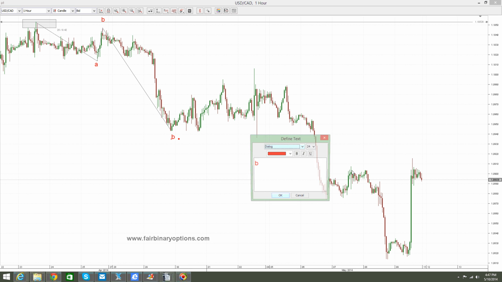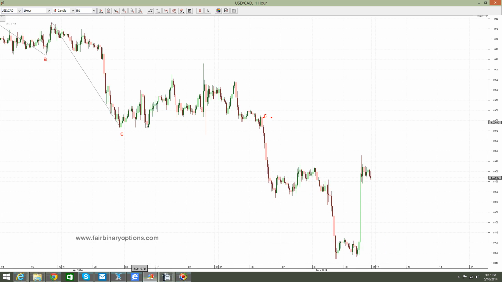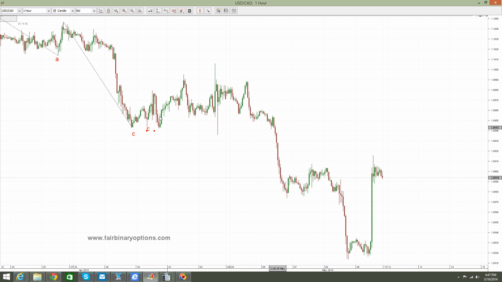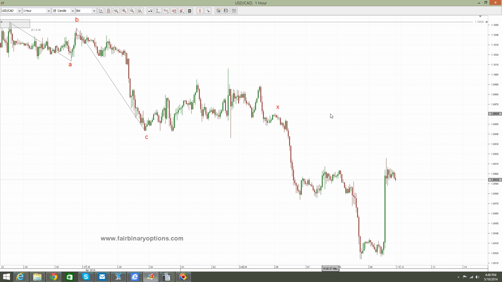So A, B, C. Of course, the X wave. The X wave could be this one here, or to end with a triangle here, most likely a triangle in the form of A, B, C, D, E, so the X wave to end here. And this would be a flat, a connecting X wave or an intervening X wave.